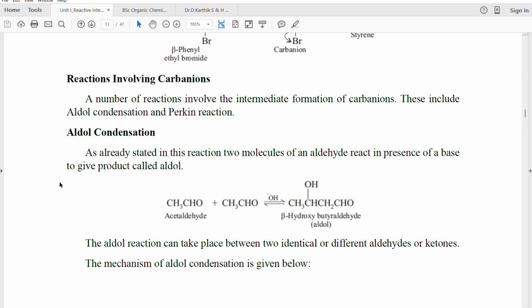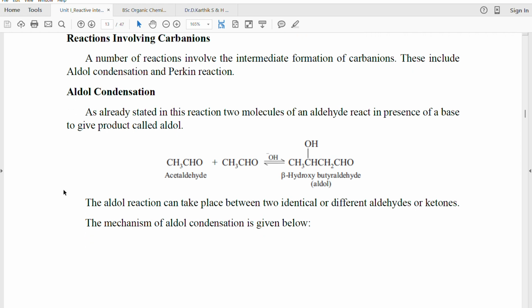The first is the aldol condensation. So here we say condensation. Condensation means two groups become added and then generate one group by removal of a simple molecule. For example, removal of water, or removal of carbon dioxide, or removal of carbon monoxide, something like that.